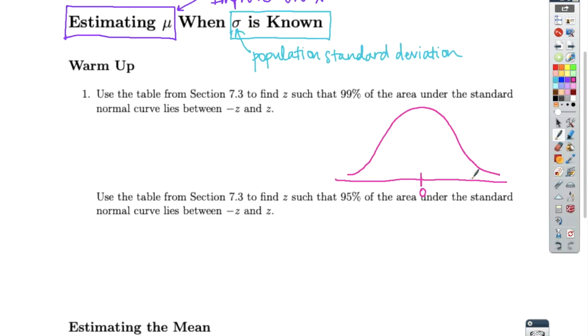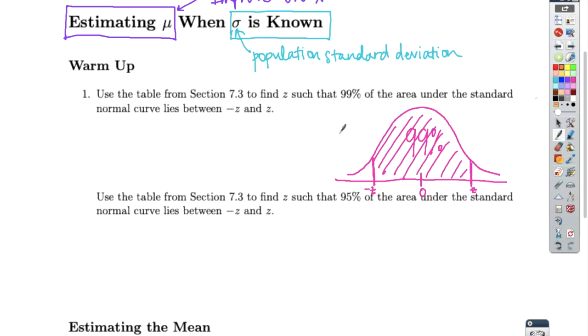Now, they want us to find some z value, who knows what it is, where 99% of the area under the curve is between this z value and its negative counterpart on the other side, negative z. So who knows what this is? Maybe it's 2, maybe it's 2.5, I don't know. But if I go between that number and its negative, we're looking for whatever that z value is such that 99% of the area under the curve lies between negative z and positive z.